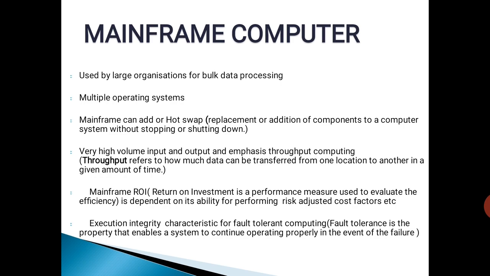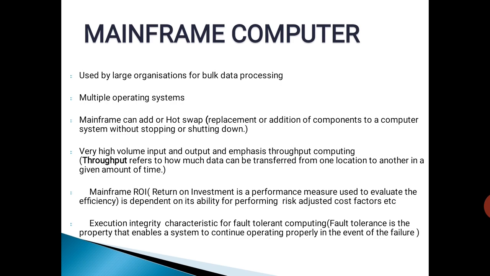And now we see another type of computer, that is the mainframe computer. It is used by large organizations for bulk data processing. Multiple operating systems. Mainframes can add or hot swap. What is hot swap? It is replacement or addition of components to a computer system without stopping or shutting down.